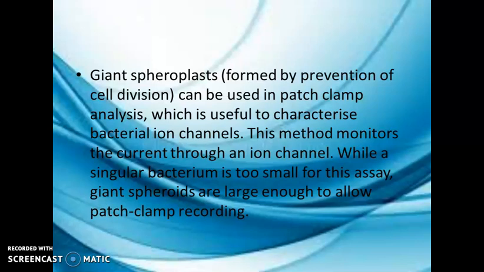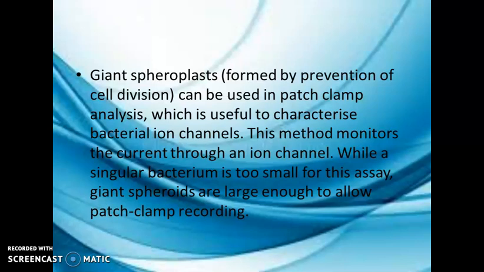While preventing cell division in the sphaeroplast, it may result in the formation of a giant sphaeroplast, and this can be used in patch clamp analysis. This is useful to characterize bacterial ion channels.